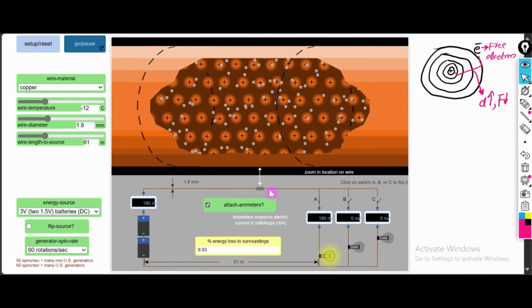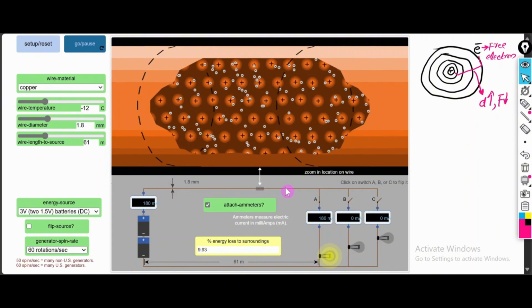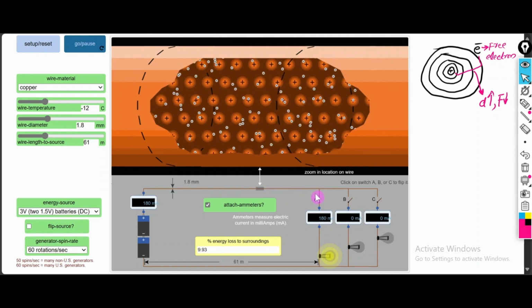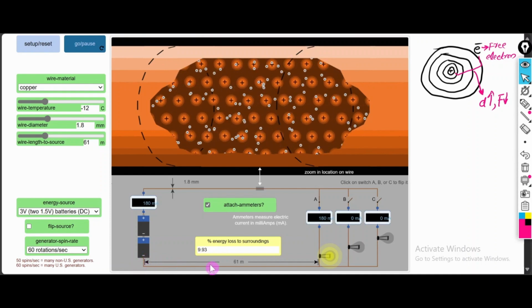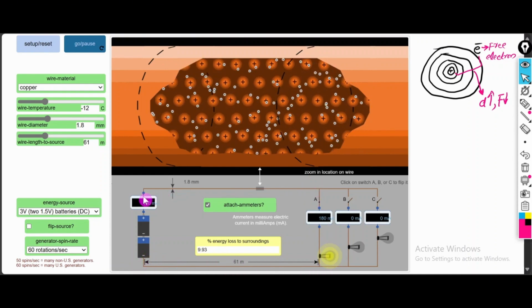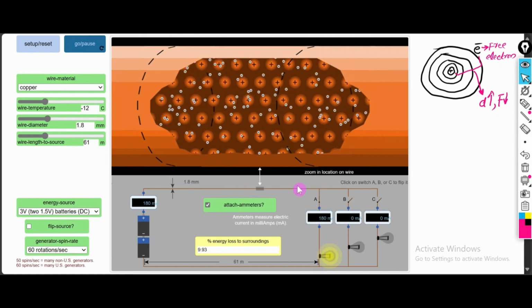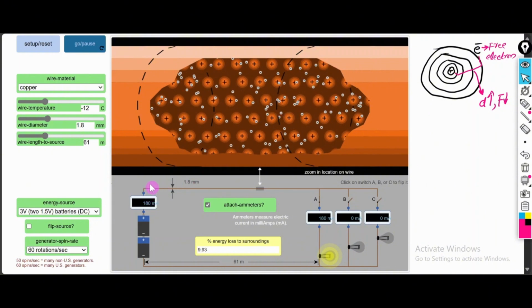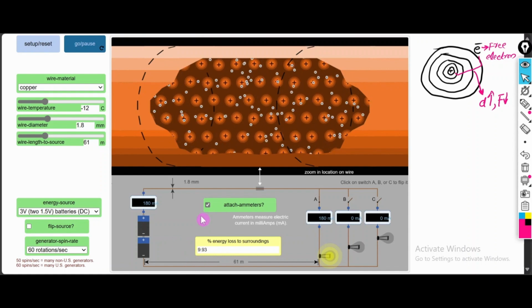This is not a conventional current, so its direction is from the negative towards the positive. In the case of conventional current, the direction would be from the positive terminal of the battery to the negative terminal of the battery.